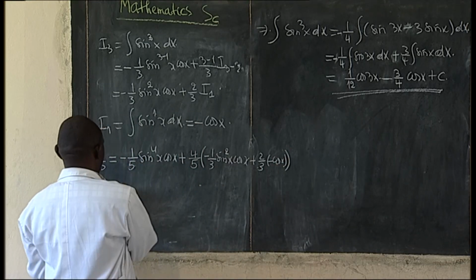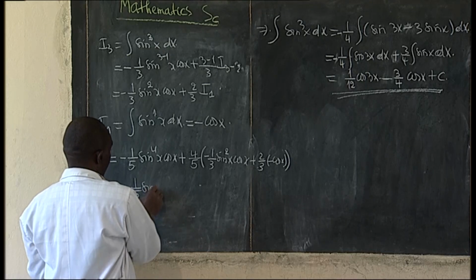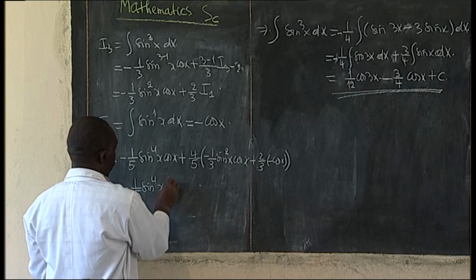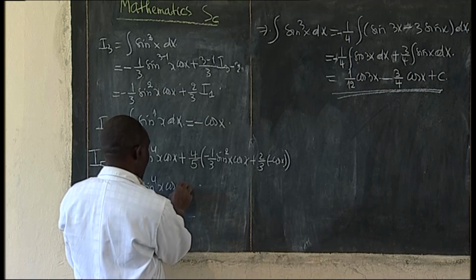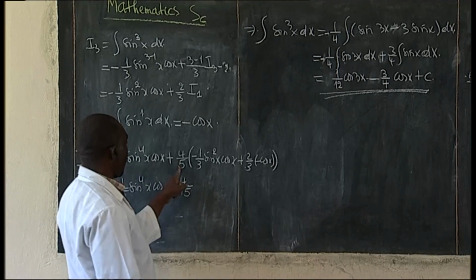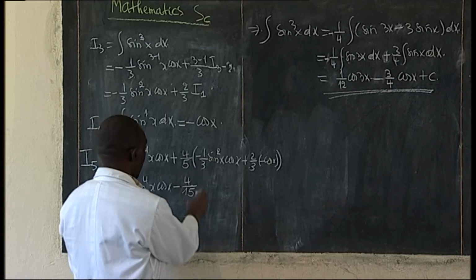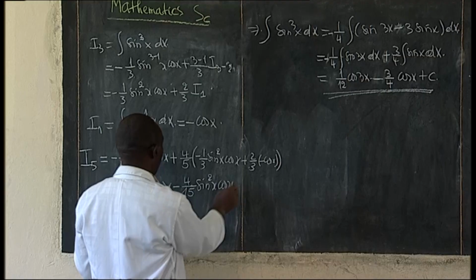So here we have negative 1 divided by 5, sine^4 x times cosine x. This will be minus 4 divided by 15, since 4 divided by 5 times negative 1 divided by 3, then sine squared x cosine x.